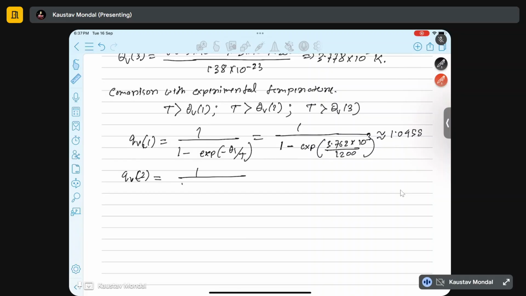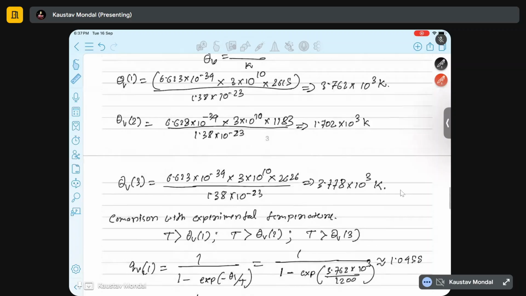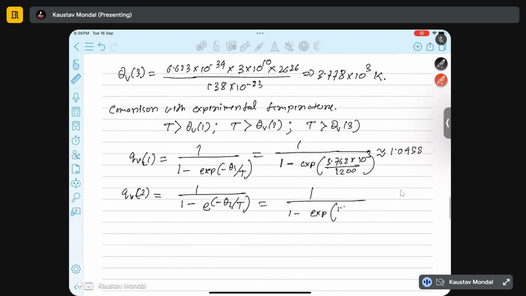Now similarly QV2 will give you 1 by 1 minus exponential to the power minus theta 2 by T, where theta 2 is 1.702 into 10 to the power 3, the whole thing divided by 1200.